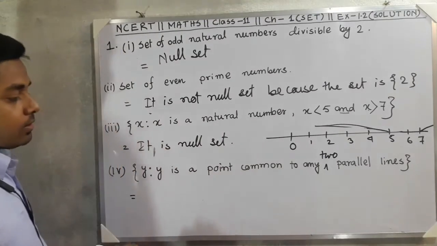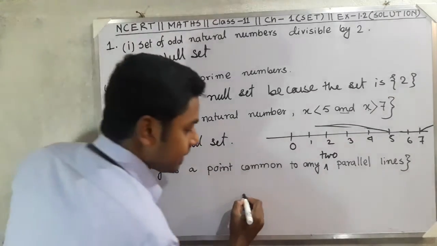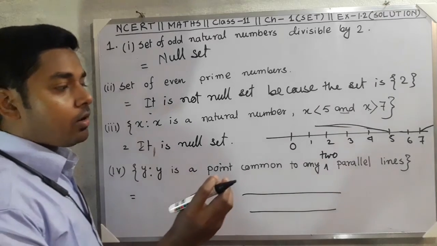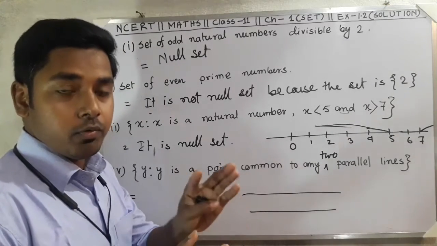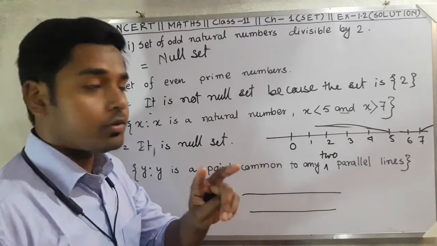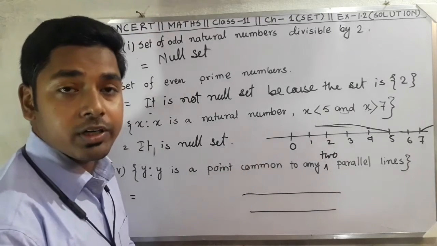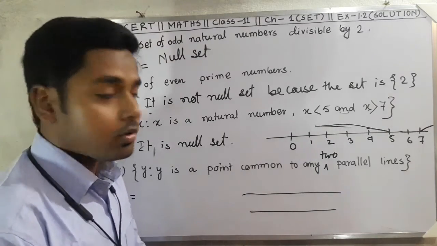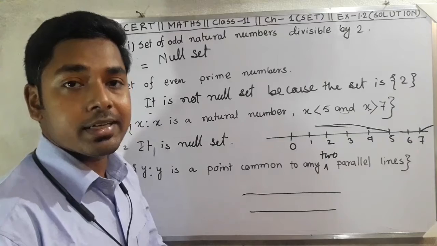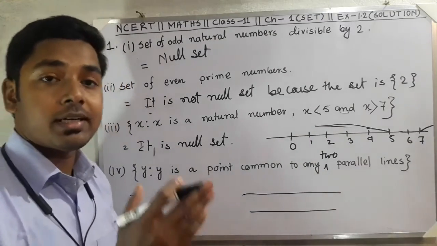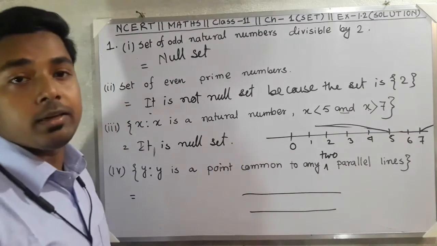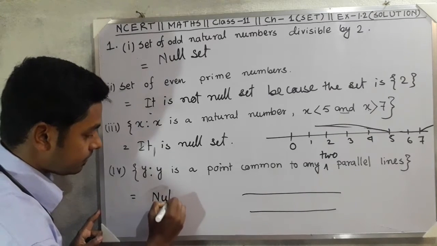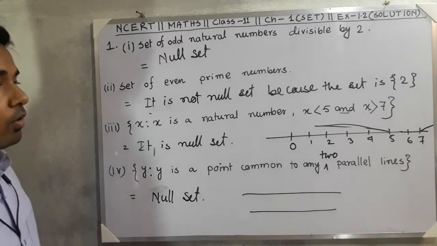We have to take the intersecting points of the two parallel lines. Common point means intersecting point. And we know two parallel lines never intersect each other, so we will not get any such common point. So we can say it is a null set. Okay, pause the video to note it down.